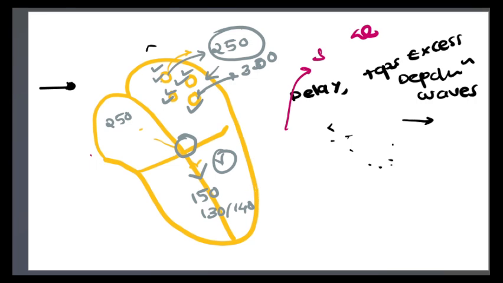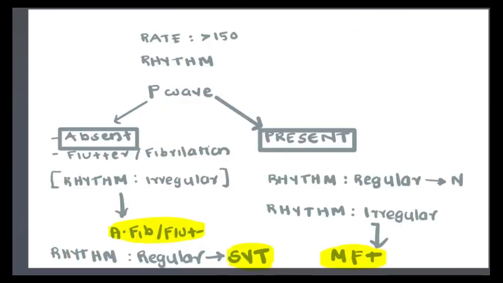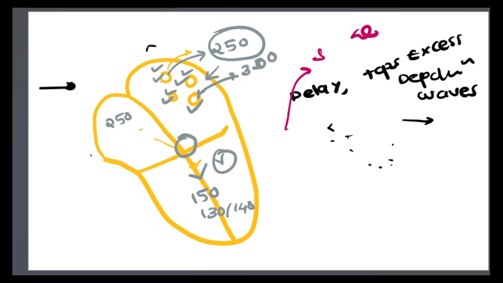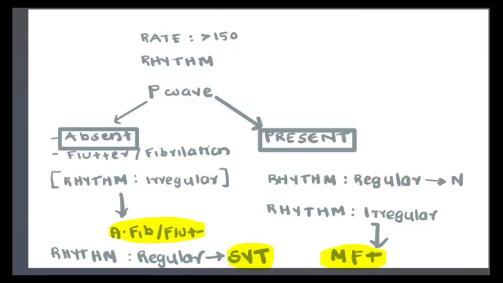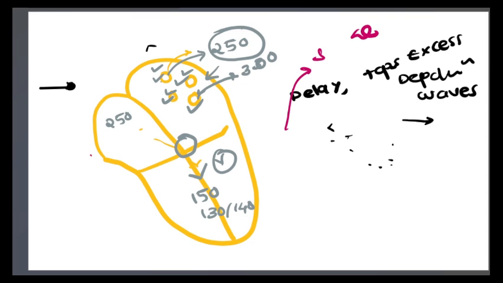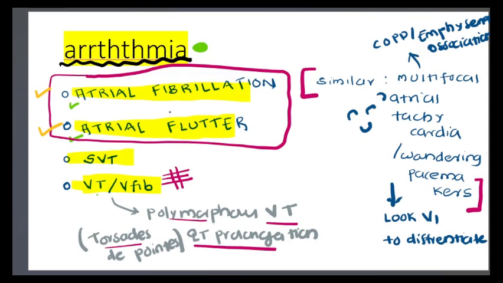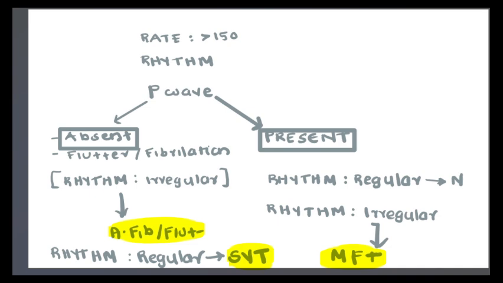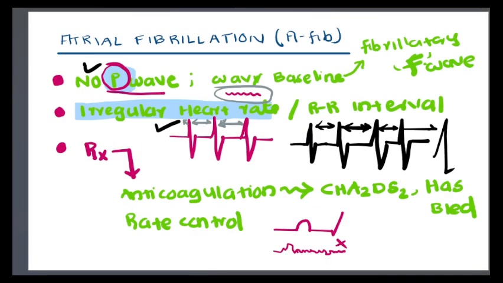That is why we are getting an irregular heartbeat, irregular pulse rate, irregular rhythm. So that's about atrial fibrillation. No P waves, wavy baseline, and the RR interval is irregular in atrial fibrillation.